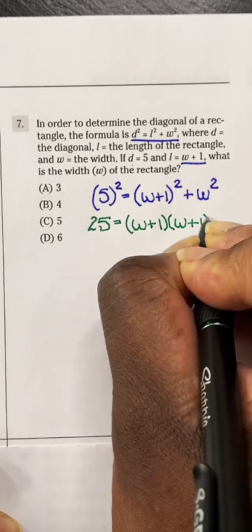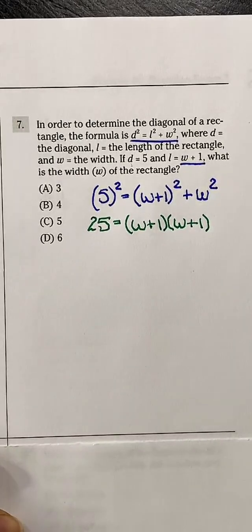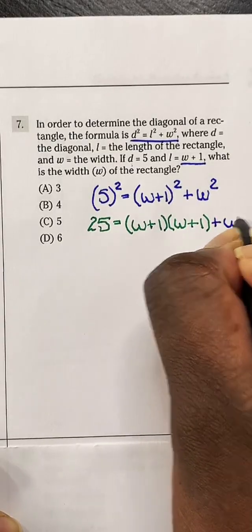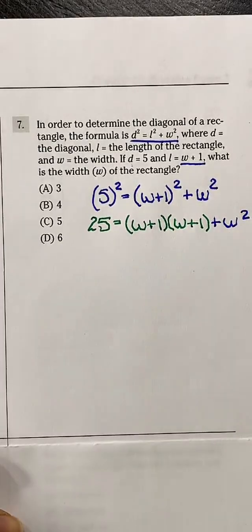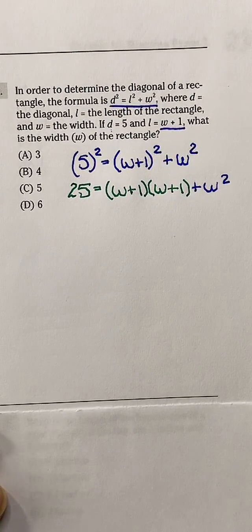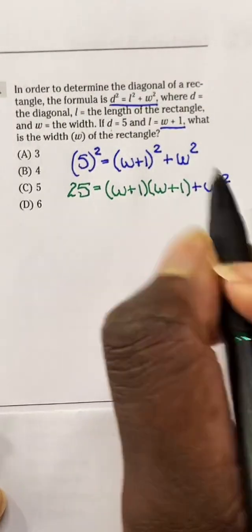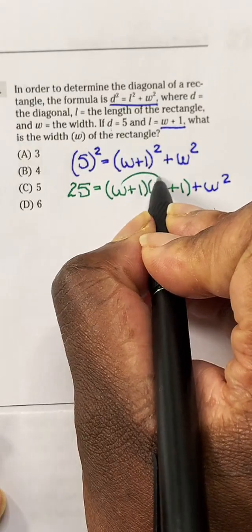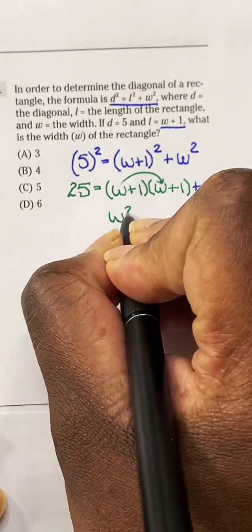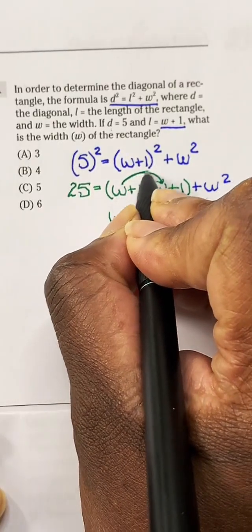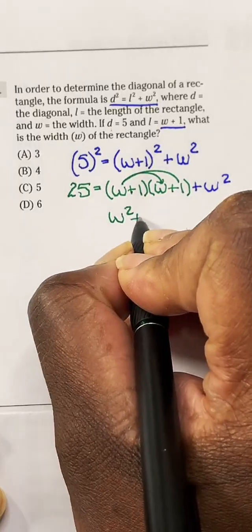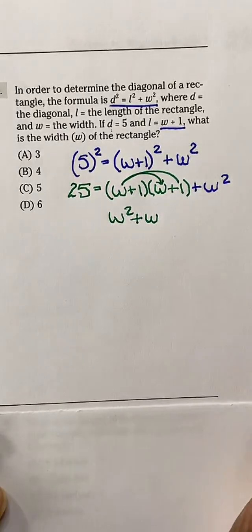So we're going to have to do FOIL, or distributive property, or if you know the shortcut, we can go through the shortcut, but I'll show you that in a moment. So now inside, we need to do distributive property. So W times W, that gives me my W squared. The same W times 1, that will give me 1W, or just W.